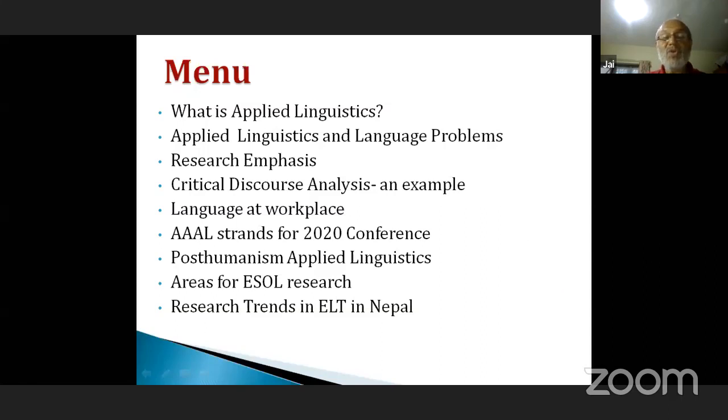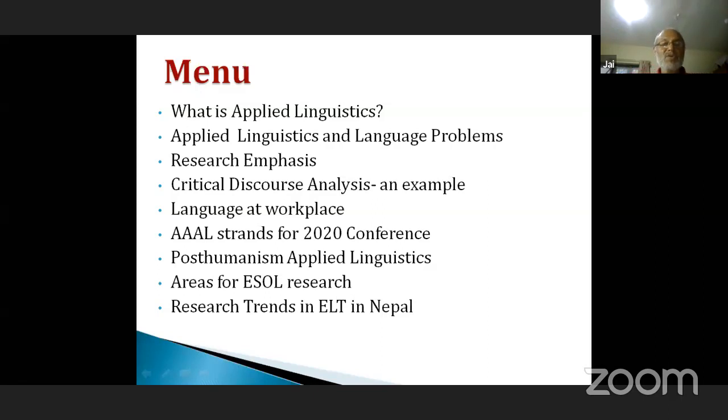And we'll talk a little bit about how applied linguistics has moved on to the workplace also, because people learn language, they have to be equipped with the skills that they need in their workplace. Whether the applied linguistics that has been studied and taught so far has been able to equip people with the skills that they need, particularly in a workplace.